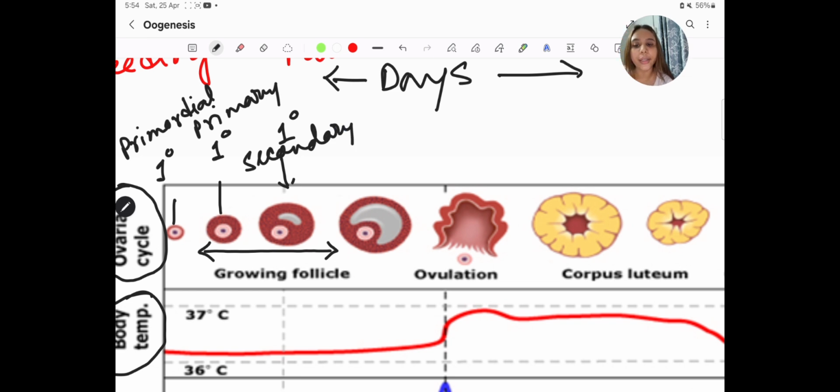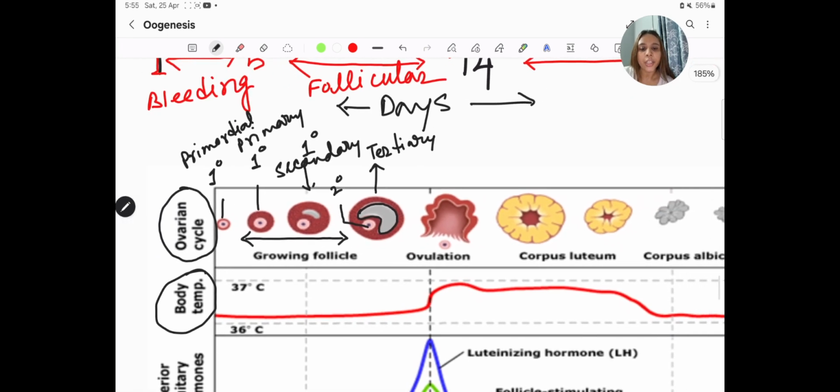And after secondary, this one is the tertiary, because there is antrum developed and it is the Graafian follicle. And in this tertiary, this oocyte becomes a second degree oocyte, right?